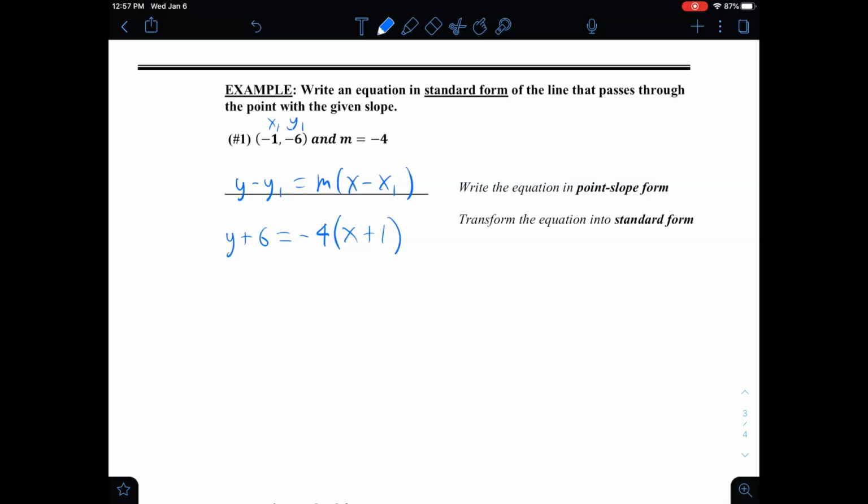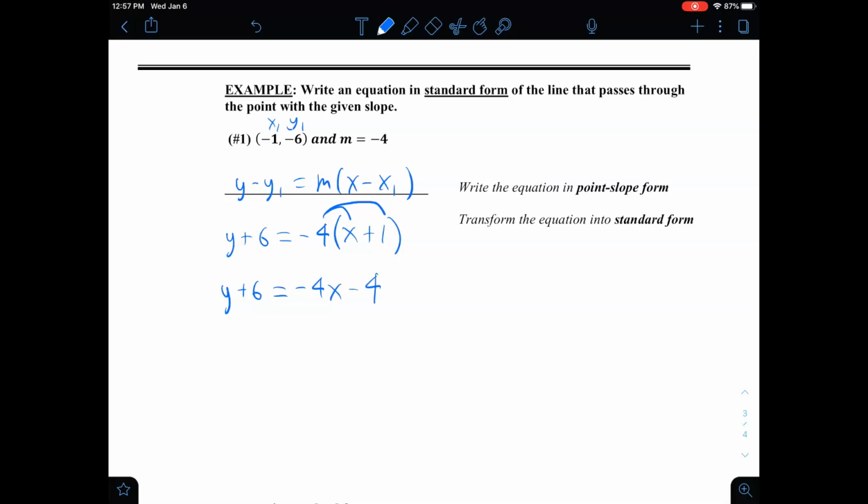Okay, so that is point slope form. That's a way to write the equation with a point and slope. Now we're going to go ahead and distribute. So we're going to have y plus 6 equals negative 4 times x is negative 4x, and negative 4 times 1 is negative 4. So now for standard form, we want x and y on the same side.